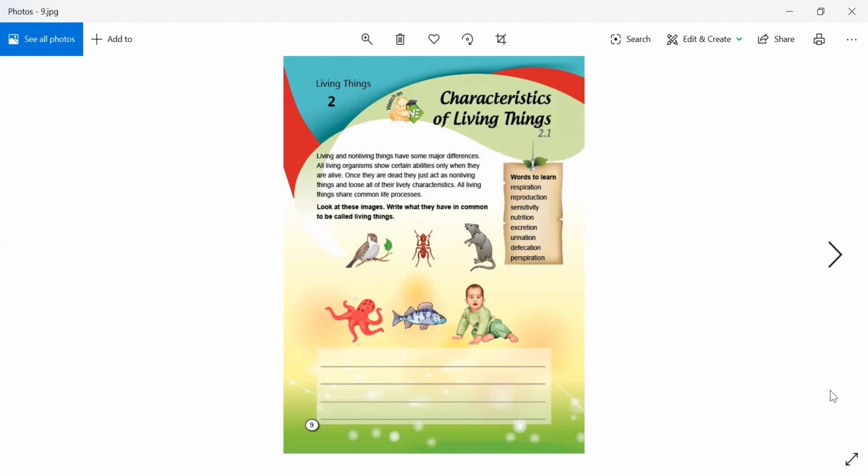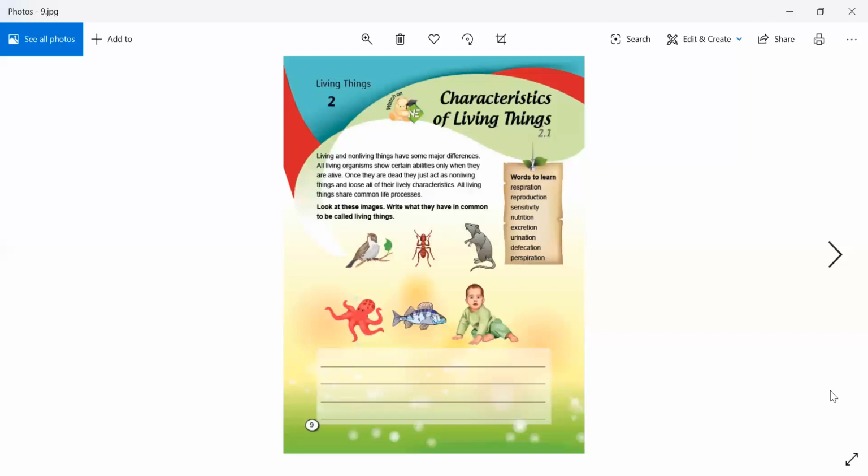They have some characteristics. But non-living things are those things which are not alive, which do not live. So, in this lesson, we'll read the characteristics of living things, that how we can recognize the living things.